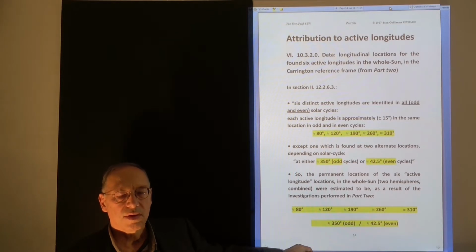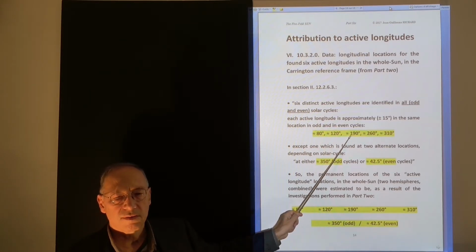Which we can call now here persistent longitudes, because we saw in part 2 that there is evidence of their presence as far back as during the Maunder minimum and somewhat earlier. So we do not have only active longitudes for one or a few solar cycles, but across dozens of solar cycles.